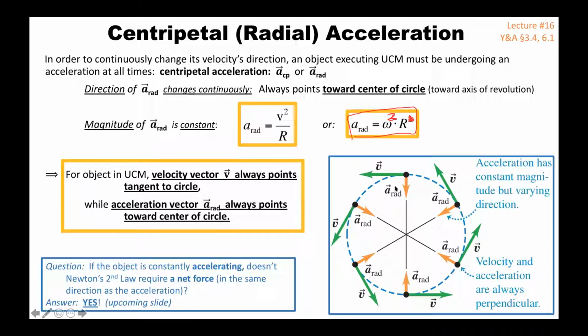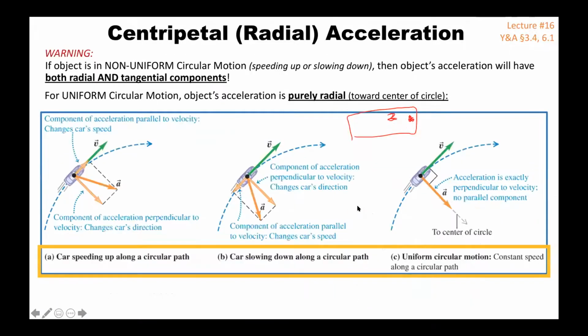I want to mention one quick more thing about acceleration, and this is from section 3.4. If you don't have uniform circular motion, meaning if you have motion along a circle, but the object is speeding up or slowing down, so the speed doesn't stay uniform, then for an object to speed up, instantaneously, you must have a forward acceleration.